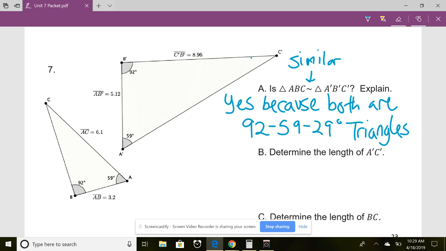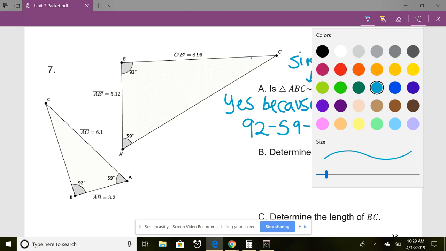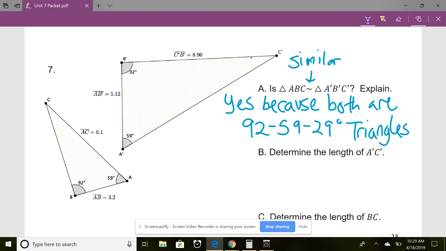Now, in the first one, we're trying to determine the length of A prime, C prime. First, I have to determine where that is. A prime, C prime is this side right here of this triangle. Hopefully, or else we wouldn't be able to solve it, you can find the similar side on the other triangle.